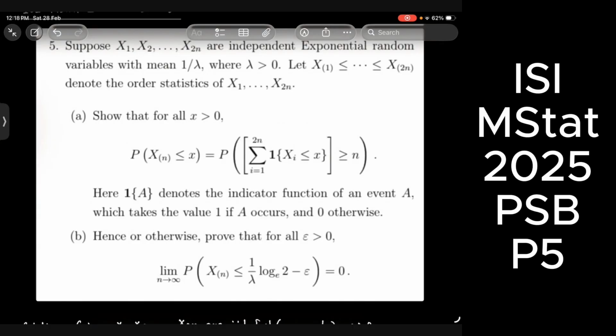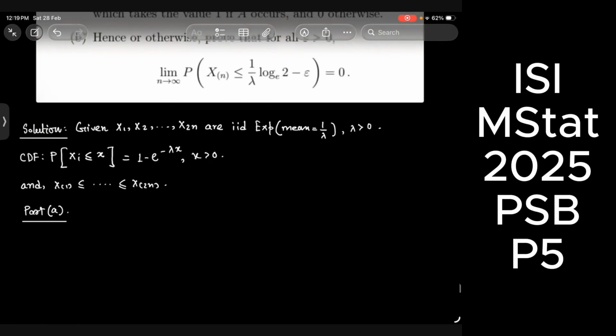I am asking the meaning of this event, x order n less than or equal to x. You were saying it correctly, but suddenly you went into probability. Then where did I miss it?